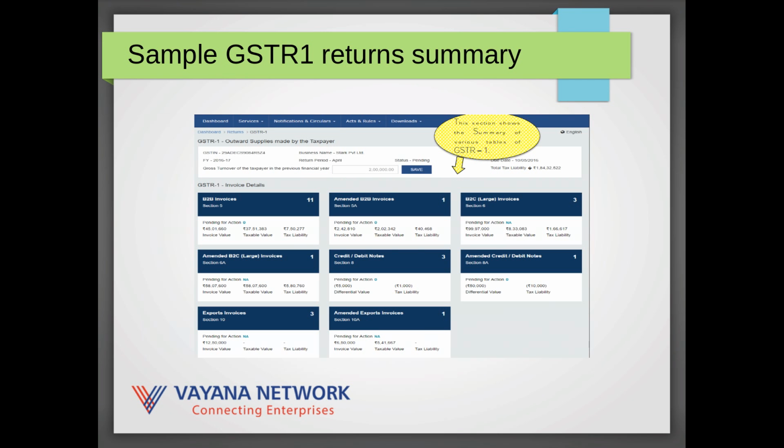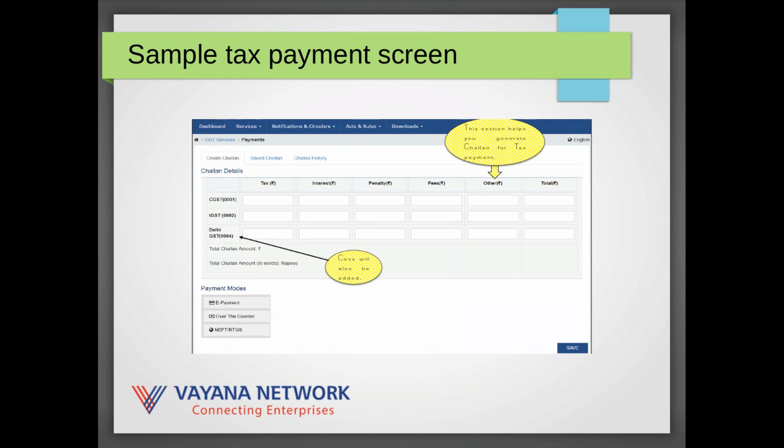This is a GSTR1 return summary indicating various sections in the GSTR1 form. Note that this is just the summary, there's a lot of details behind it. And once all the GSTR1s and 2s are filed, then at the end of it you get an idea of what your total tax liabilities are. That showed up in one of the first screens I showed, which was your ledger balances.